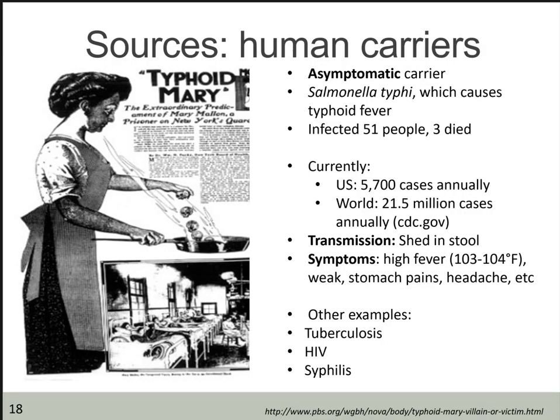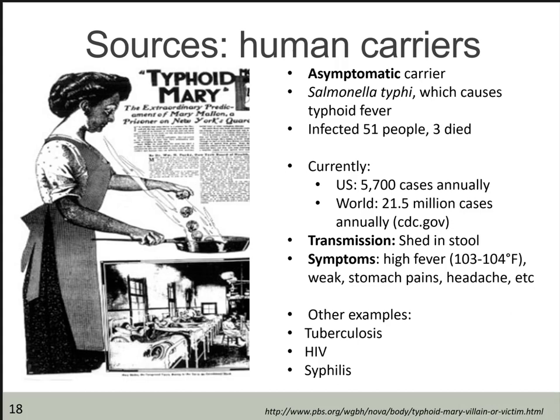And finally, we have 2 more places that you can get potentially pathogenic microbes from. One is human carriers. For example, this is Typhoid Mary. She was a woman who was infected with Salmonella typhi. She did not have any symptoms of the disease, and so she didn't think that she carried this microbe, and she would prepare food for people who were susceptible to the disease.